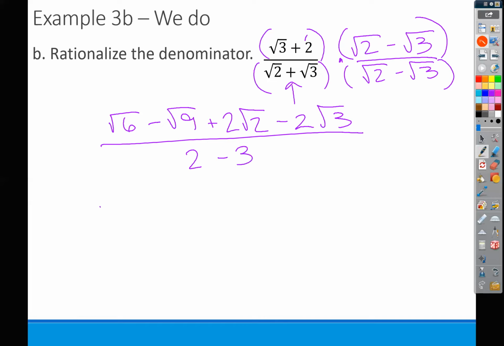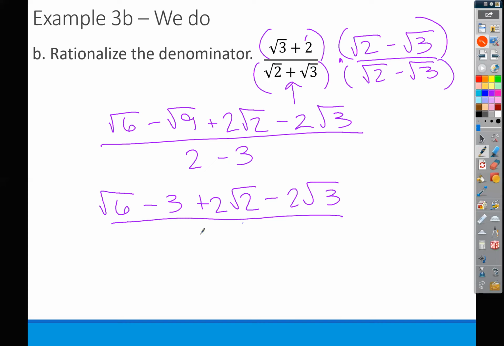Now let's simplify as much as we can. Okay, so we got square root of 6 minus the square root of 9, which is 3, plus 2 square root of 2 minus 2 square root of 3, all over a negative 1. Because it's divided by a negative 1, I would have negative square root of 6 plus 3 minus 2 square root of 2 plus 2 square root of 3.